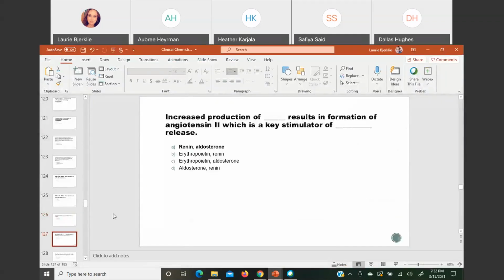So in this case, renin. So anytime you have an increased production of renin, it'll start this whole system chain effect. So if somebody's blood pressure is high, it might stimulate the release of renin, which will form angiotensin 2, which will then stimulate the release of aldosterone. So it's a whole system chain event.